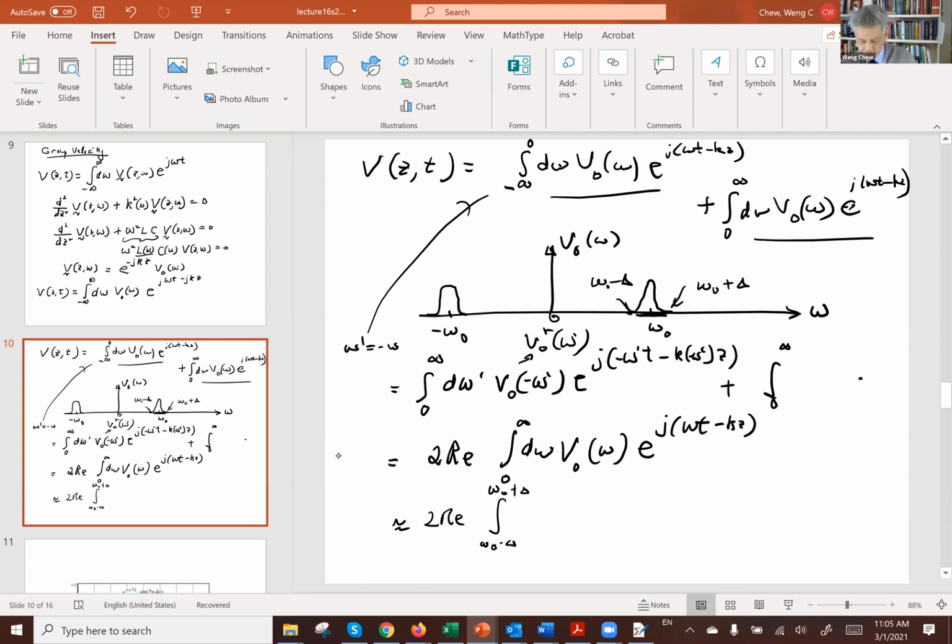I only need to integrate over this very small region. Okay, and my k is supposed to take values only in that very small region, and hence I can approximate my k. Let me write my omega properly. Okay, I can approximate my k value.